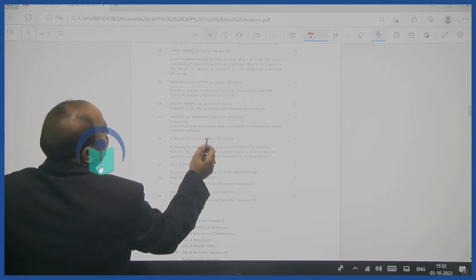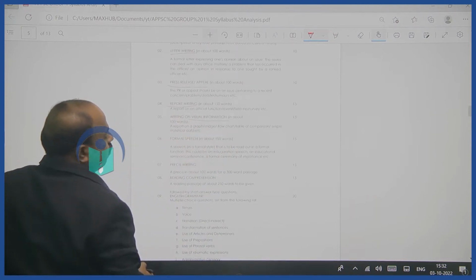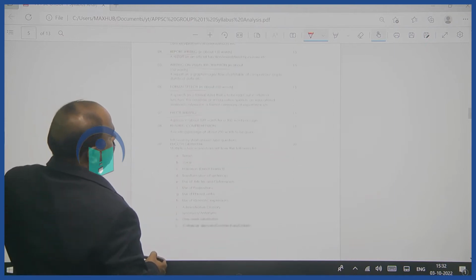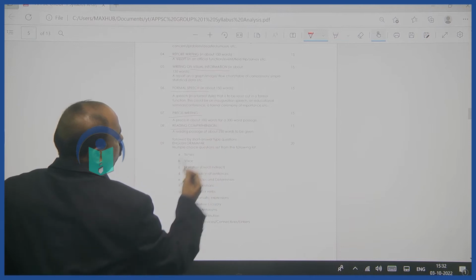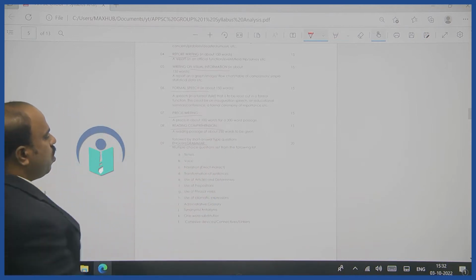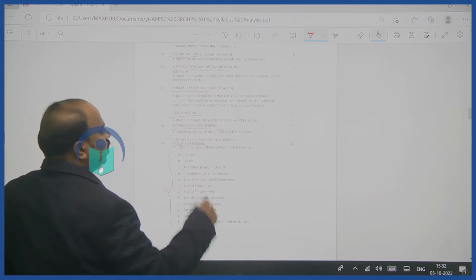Then next, report writing, writing on visual information, formal speech. Following, precis writing again. Next, reading comprehension, English grammar. English grammar means all the syllabus is given here.